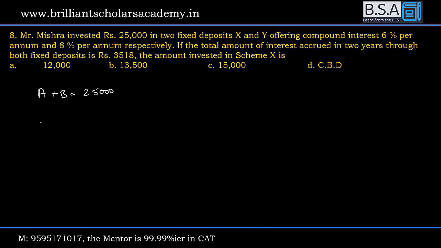On scheme A, the earning is 6%, so 1.06 square times A minus A is the earning. On scheme B, the earning is 8%, 1.08 square times B minus B, and the total is 3518. So you are expected to solve these two equations and find A. The investment in scheme X, that is A, is your answer.